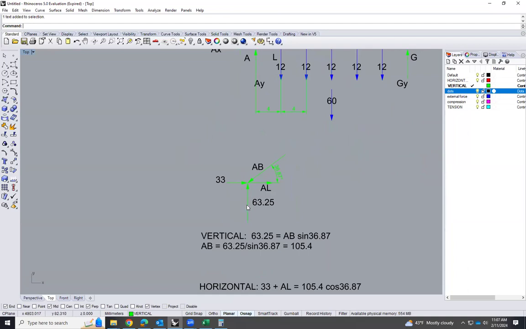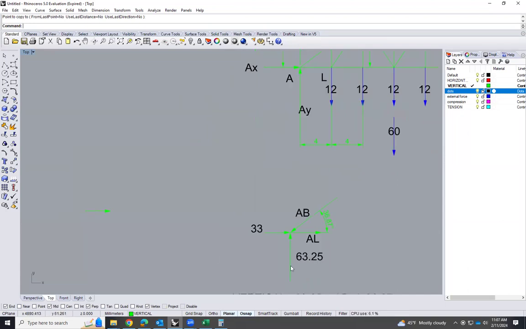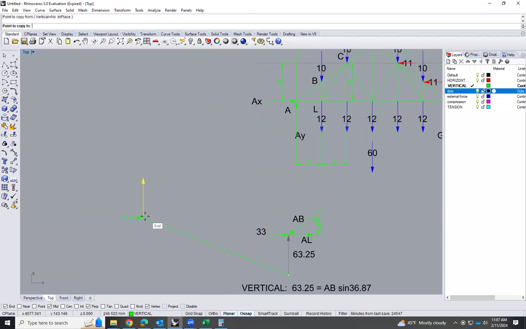So let's do it. First, these two forces. The first one would be 33. And the order is important. If I start with this force, the second would be this one, the third would be that one, and the fourth would be that one. So that's the first. Then the second is the vertical one, so I go in this direction up.